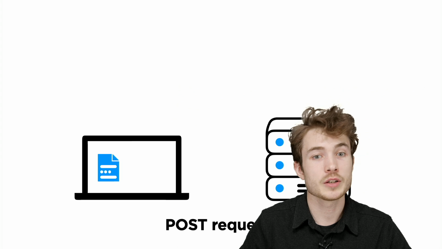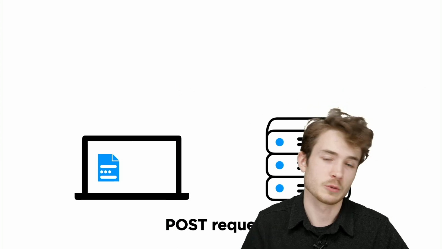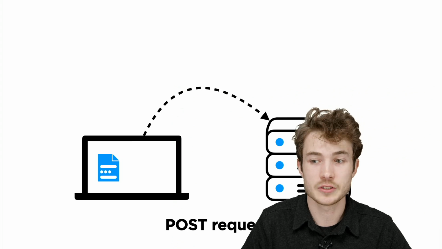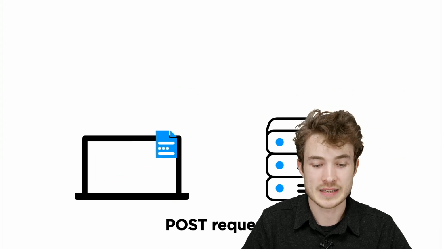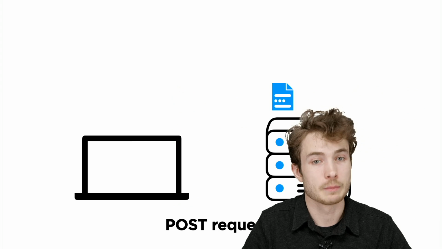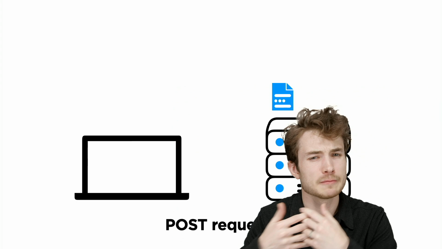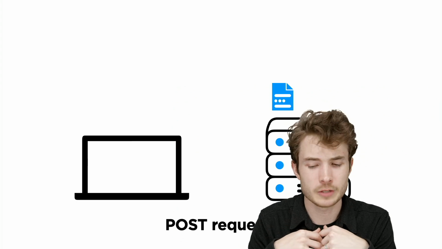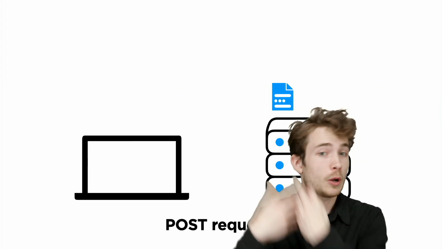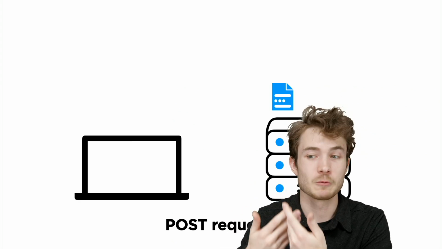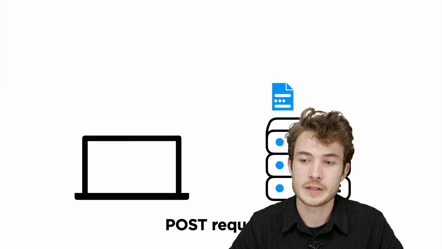They say, I want you to store Carter's birthday, which is supposedly on January 1st. Then it will be able to send that data to the server, and then that data will be stored by the server. So get is more about trying to get some file from the particular server, whereas post involves posting some information to that server in the hopes it will store it or do something with it at the end of the day.